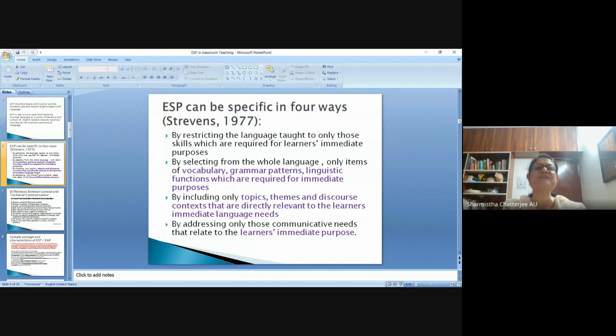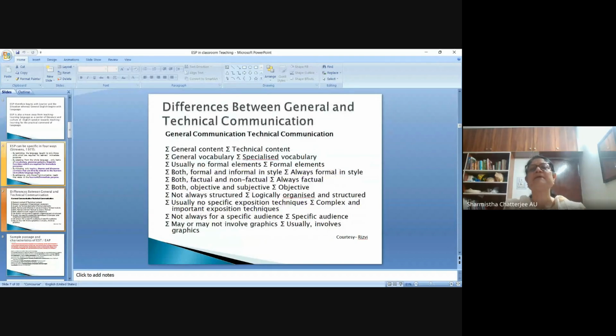So the context in which fossils can be talked about, right? So the immediate language needs while talking about a class on fossils. And as you understand, learners' immediate purpose. So if you are preparing them for the exams, then probably you will prepare them in a different manner, right?